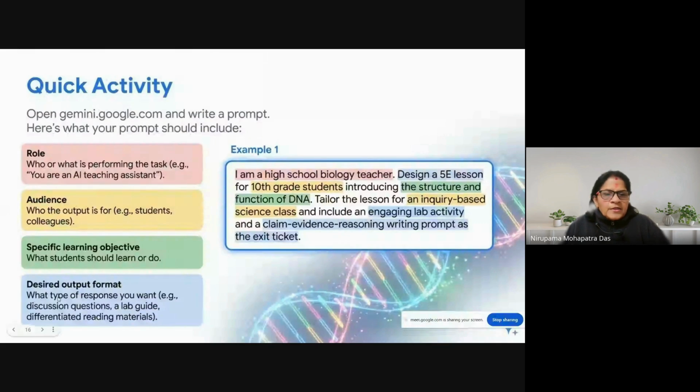Specific learning objective, means your aim, what students should learn or do, means design a 5E lesson plan. Then desired output format, what type of response you want: discussion questions, lab guide, differentiated reading material. So we can break the prompt in this way.